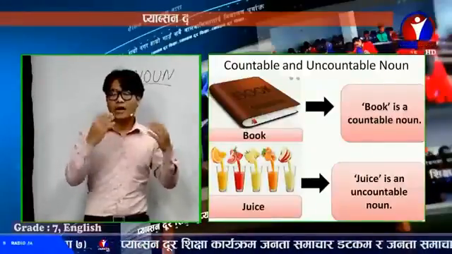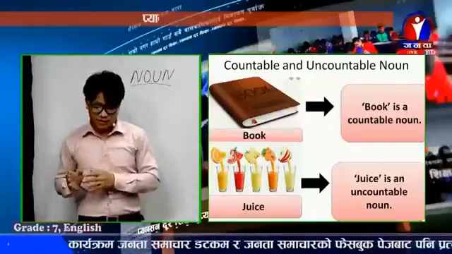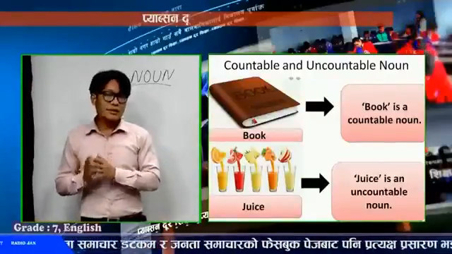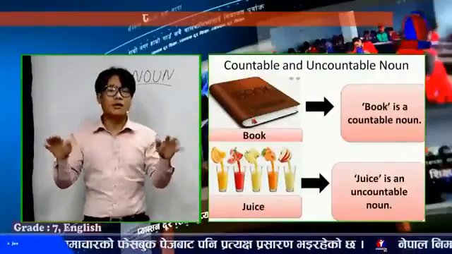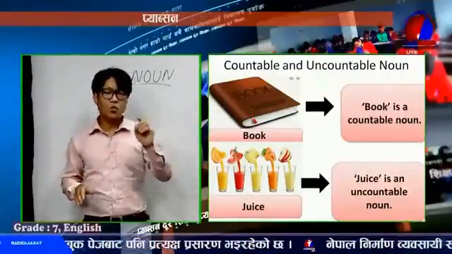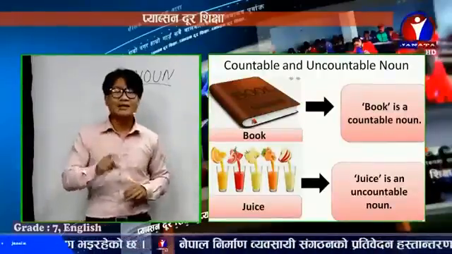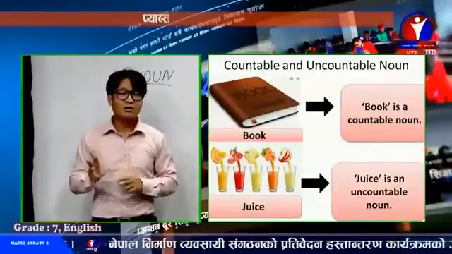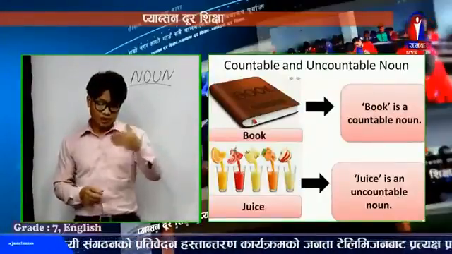These are countable nouns. On the other hand, an uncountable noun is one which cannot be counted in a number, like water, juice, soup, salt, sand, mud. These are uncountable nouns.